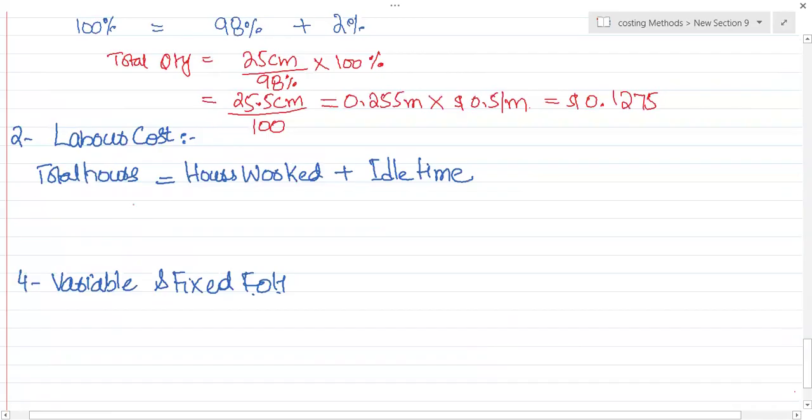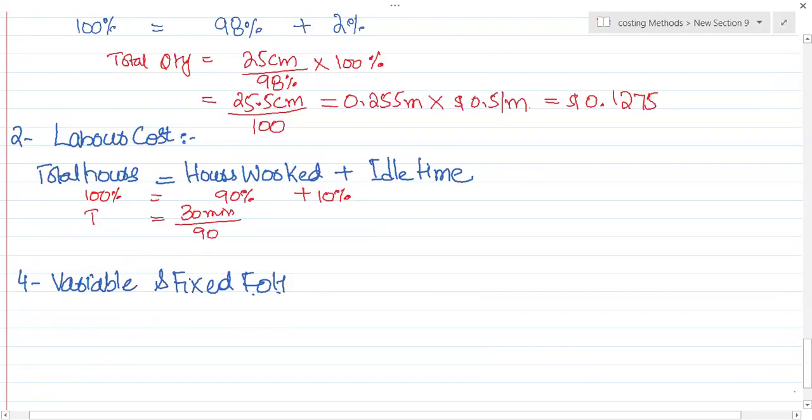When we discuss the labor cost, total hours is 100%. Hours worked, there is idle time of 10%. Hours worked is 90% and 10% is your idle time. Now, hours worked is given in the question, that is 30 minutes divided by 90.